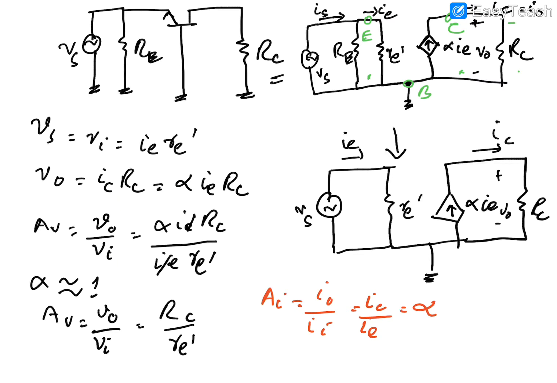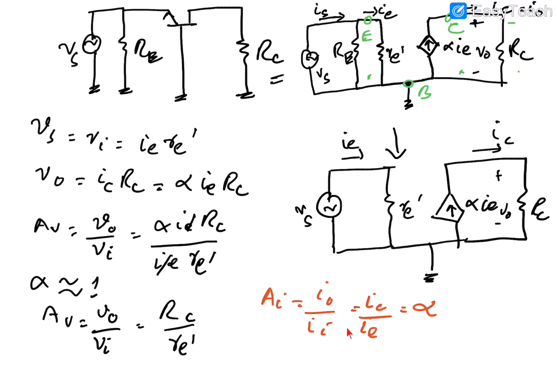Vi is the voltage across Re dash, which is equal to Re dash multiplied by IE. So we have put the value of Vi. When V naught is divided by Vi, we get the open loop gain, which is equal to RC over Re dash, because we have taken the value of alpha as nearly equal to 1.